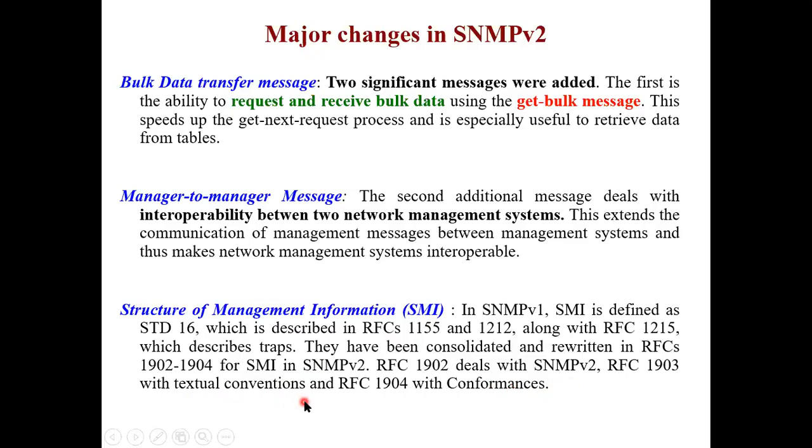I will explain exactly what textual conventions and conformance are later, might be today or in the next lecture. So in SMI, the major change in version 2 is that some textual conventions and conformance were added. So we can do bulk data transfer, manager to manager message, and the SMI changed, where textual conventions and conformance were added.